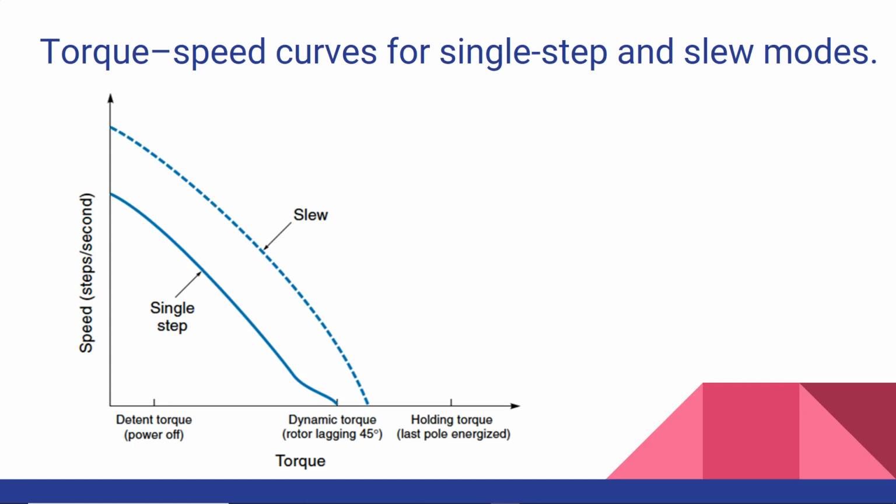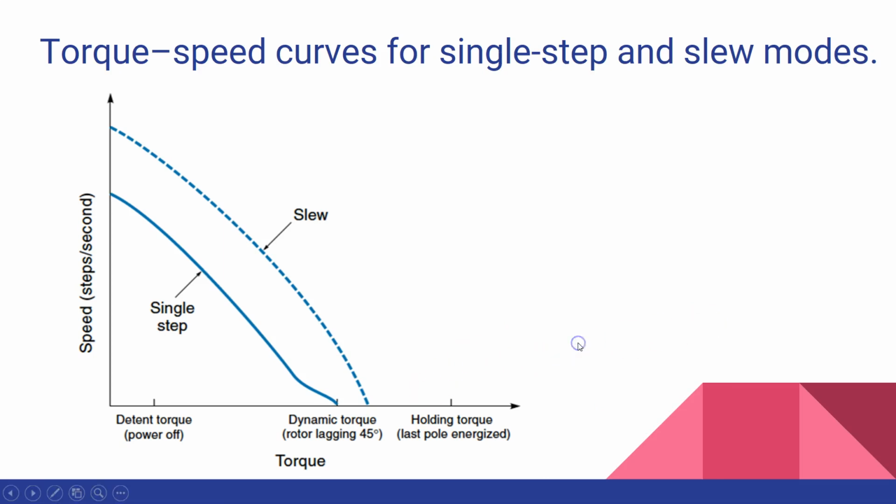It results when the motor is completely stopped but with the last pole still energized. So if the last pole is energized at that time, whatever the torque is, that is called your holding torque. This type of torque is very similar to the detent torque, because it represents the amount of external torque which is needed to rotate the motor against its wish.